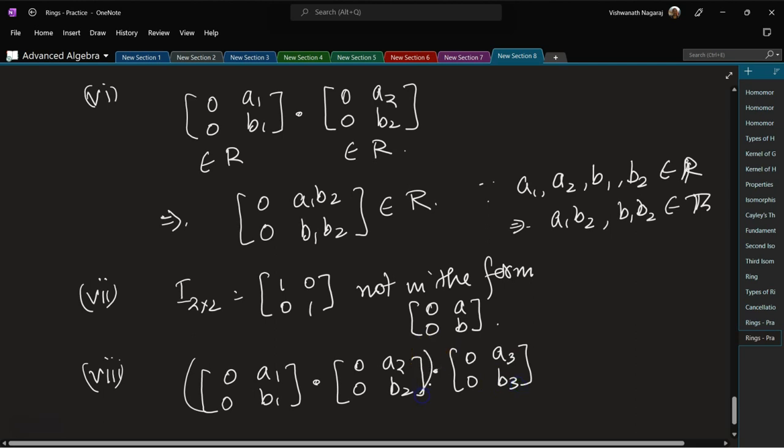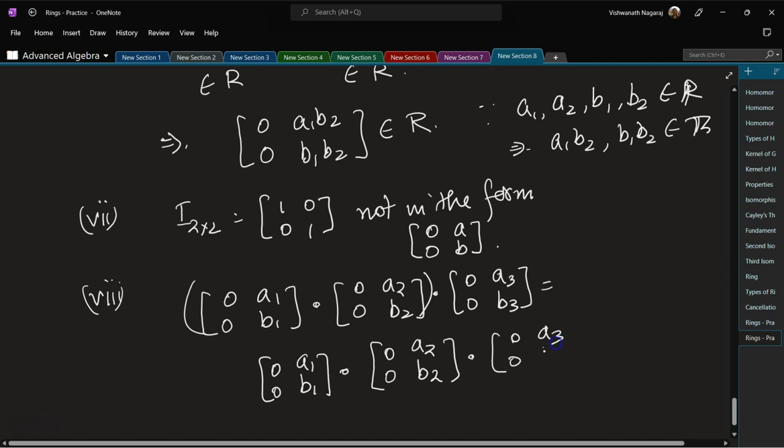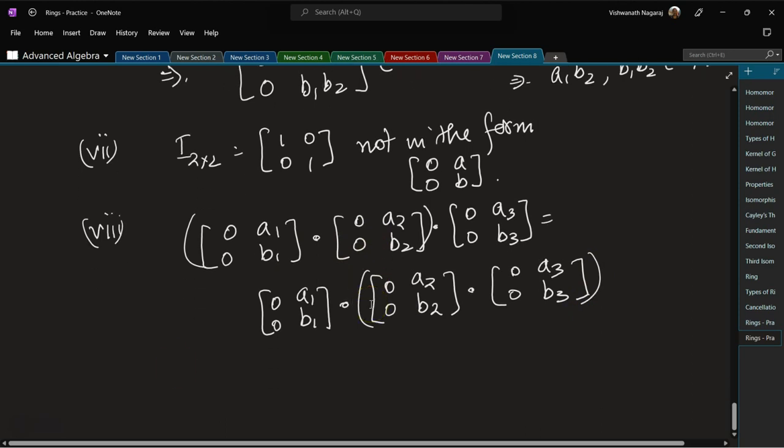So whether we do the first two first, or we do the second two matrices first, either way, it should give us the same result. Requires patience. So let's multiply the first two. Here it will give us A1 B2, and here B1 B2.